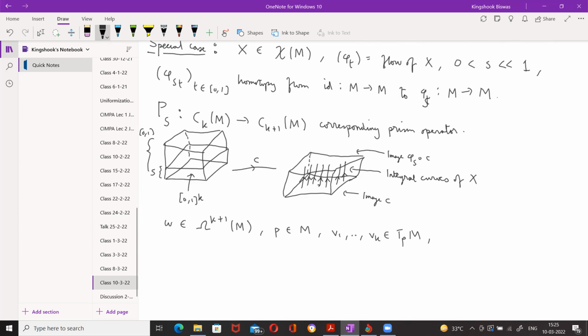Okay. So then what is phi s star of omega at the point p acting on v1 to vk? So this will be the integral from 0 to 1 of omega at phi st of p. My homotopy is phi of st, right? s is fixed.